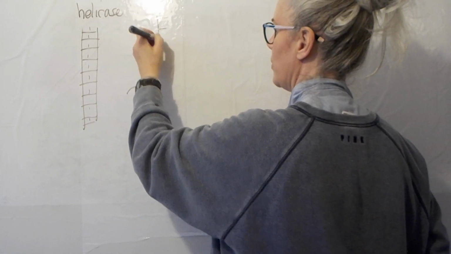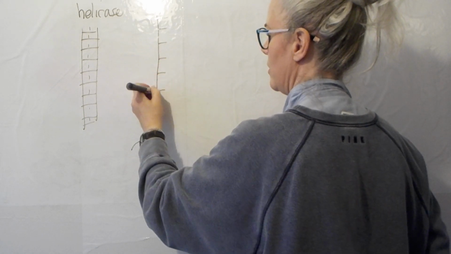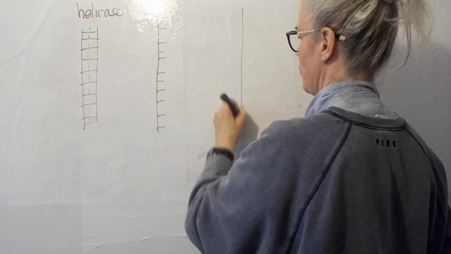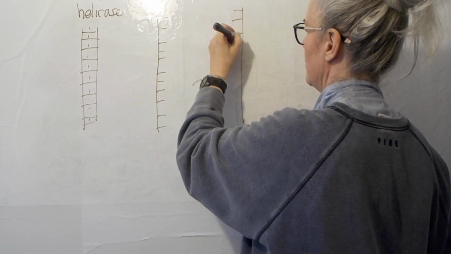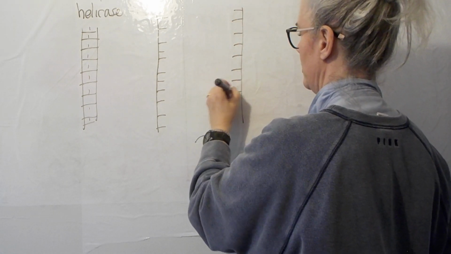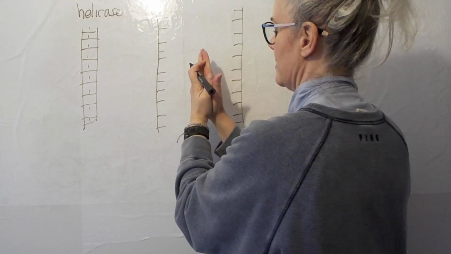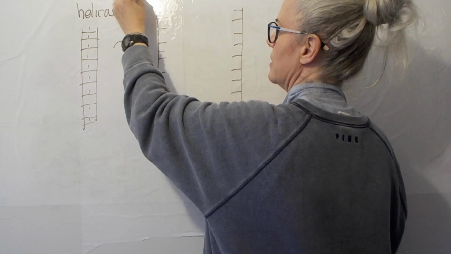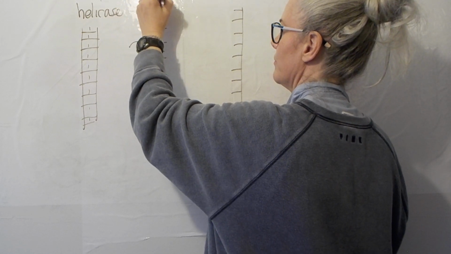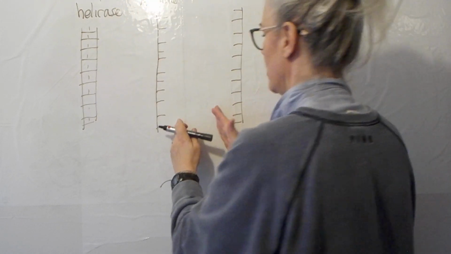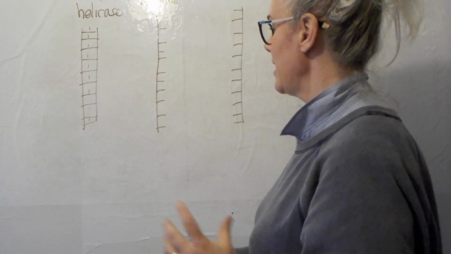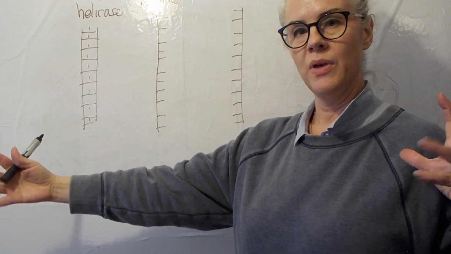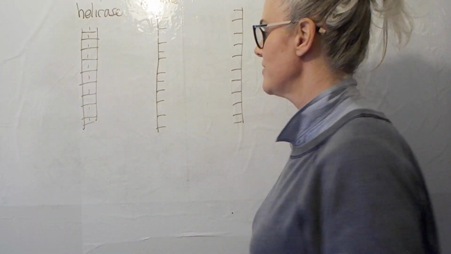So then we end up with our 2 template strands. So the original double helix separates, so we now have 2 template strands. And we're going to make new DNA against that. Now, the DNA does not just all peel apart. It would all get into a very tangled mess because it's very, very long.